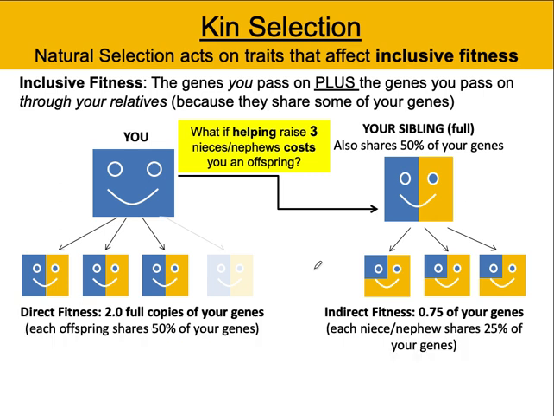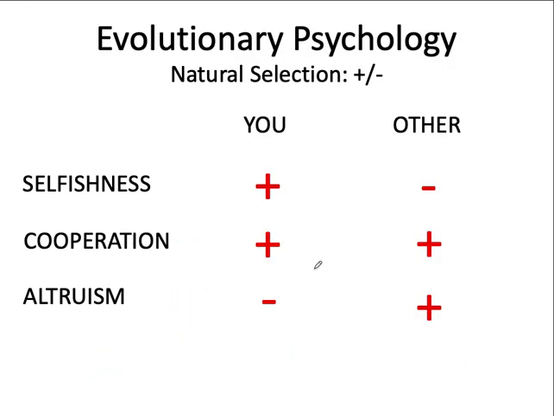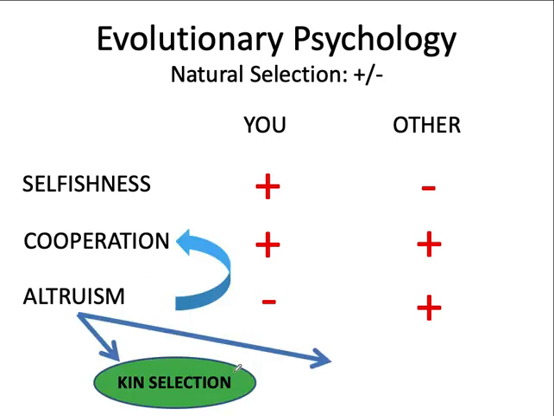Right? So in other words, if we go back to our understanding of altruism, there's a cost to you, but a benefit to another individual. If that other individual is a close relative of yours, however, because you share genes that you both inherited from your family, through kin selection, those behaviors might be favored.